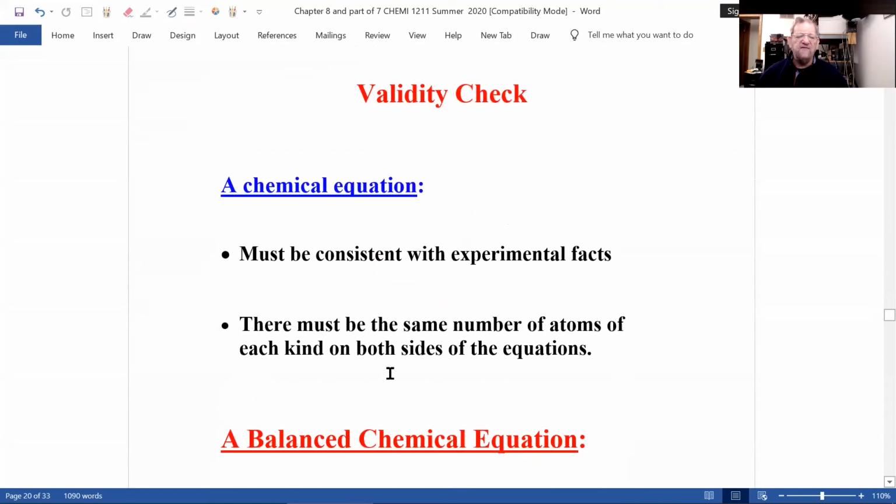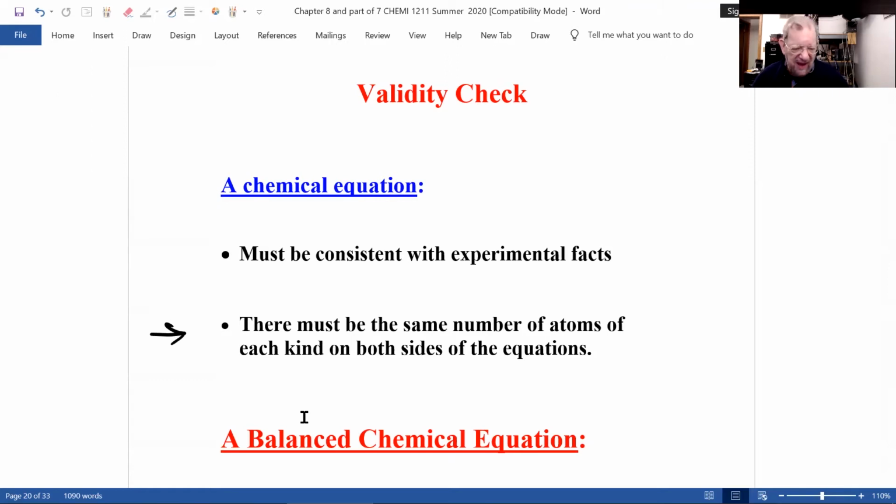Now, there's a validity check. For a chemical equation, I'll never ask you that on a test, but it must be considered consistent with the experimental facts. When I put hydrogen and oxygen together with a spark, you do make water. You don't make alcohol. You make water. And here's very important, because of conservation of matter, there must be the same number of atoms of each kind on both sides of the equation.